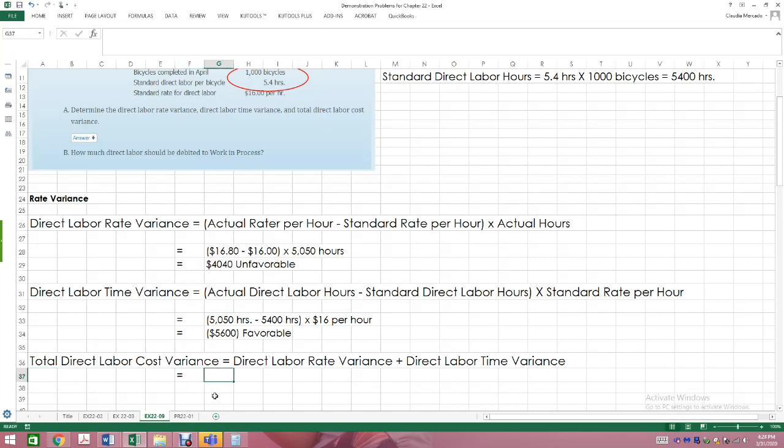Okay? So, my direct labor rate variance was 4,040 unfavorable. And I'm going to add right here my 4,040 unfavorable, and I'm going to add my 5,600 favorable.